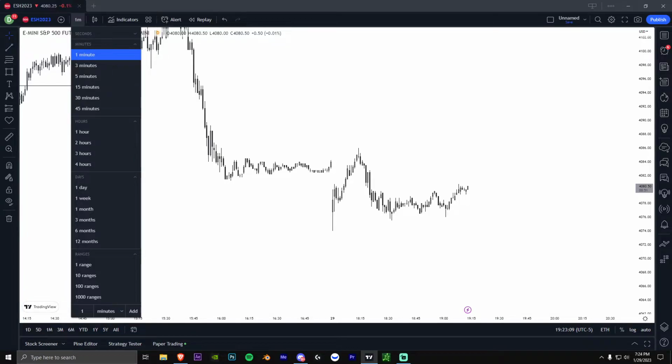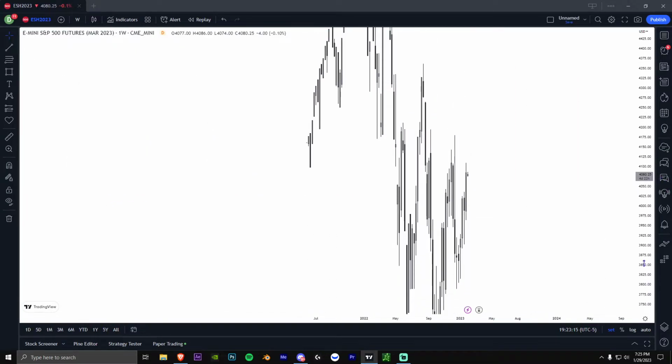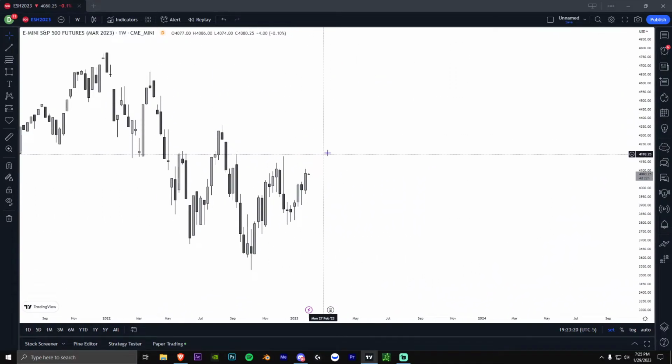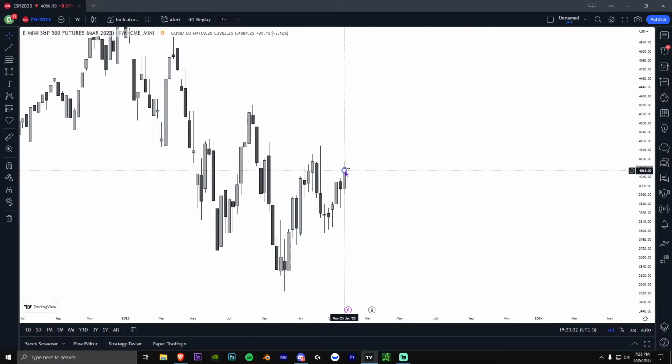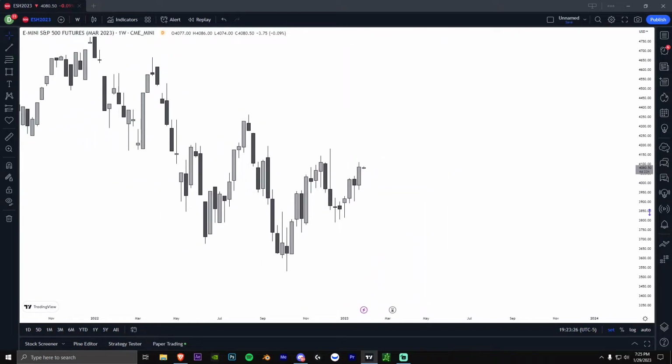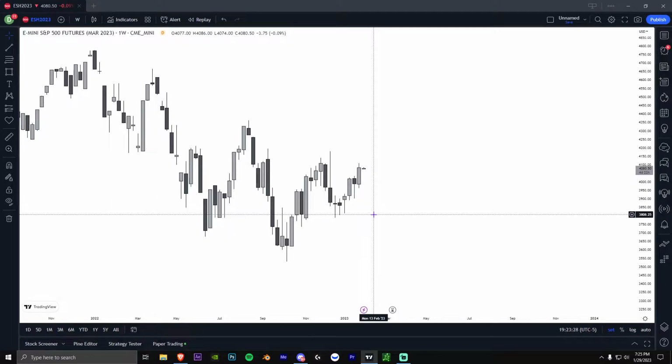Excalibur, I know you just joined. I was just explaining how on Friday afternoon, I don't know if you know the power of 3. I know you're familiar with ICT a little bit, but on Friday afternoon on the weekly candle, we were at the high of the week an hour before close. And I was explaining how we never really close at the high of the week because of the power of 3.